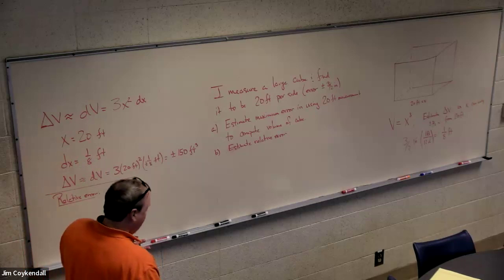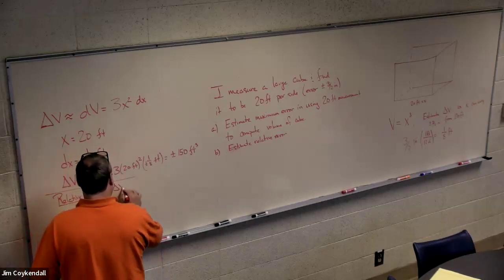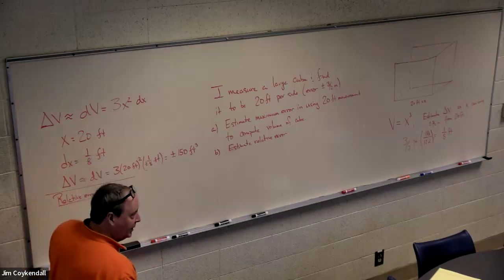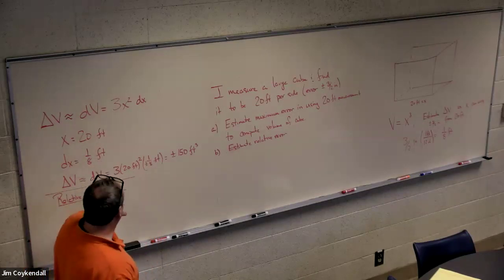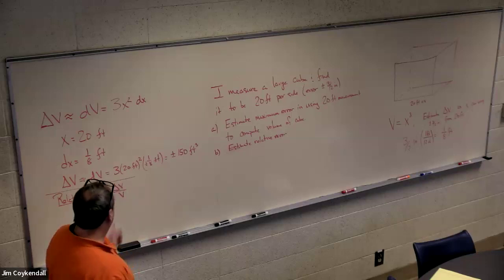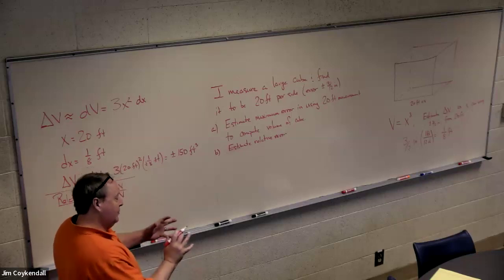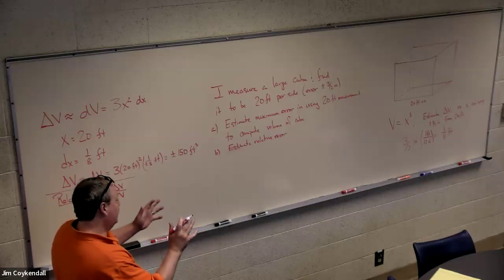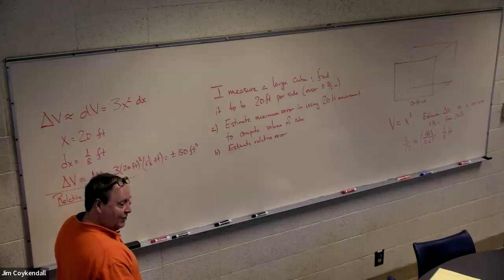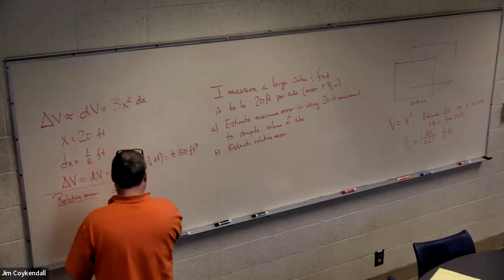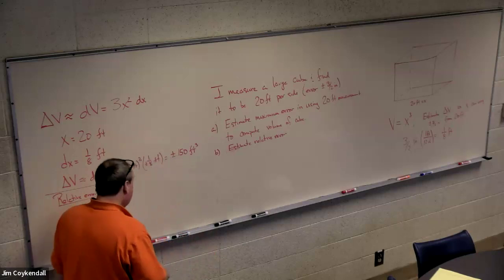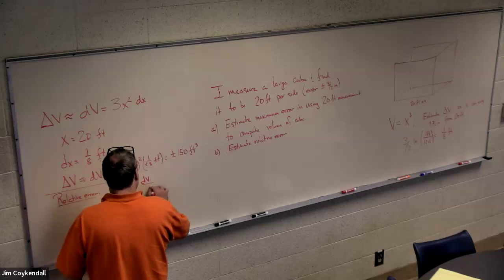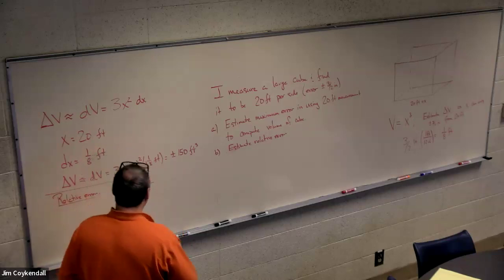Well, the relative error is how much your volume changed divided by how big it is in the first place, right? Theoretical minus experimental divided by theoretical. Theoretical minus experimental is how much the total volume changes as you go from 20 feet plus or minus an inch and a half. That's your change in volume, divided by your theoretical volume, which is what I get when I measure 20. We use 20 to make this computation.